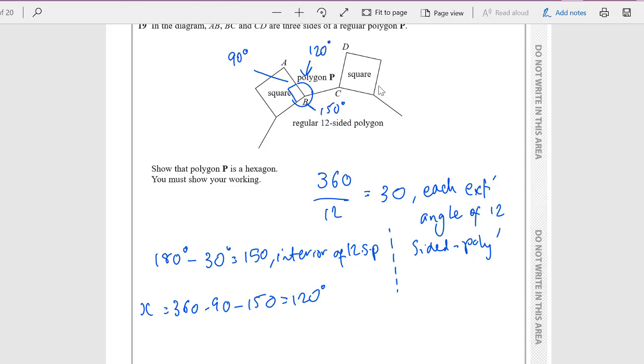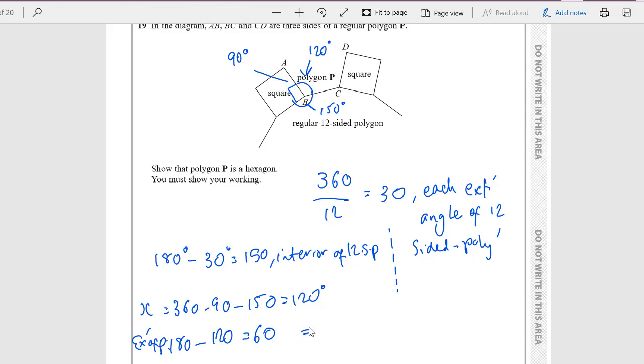And the exterior angle of P is 180 minus 120. So this is the exterior angle of P. So that means that the exterior is going to be 60.